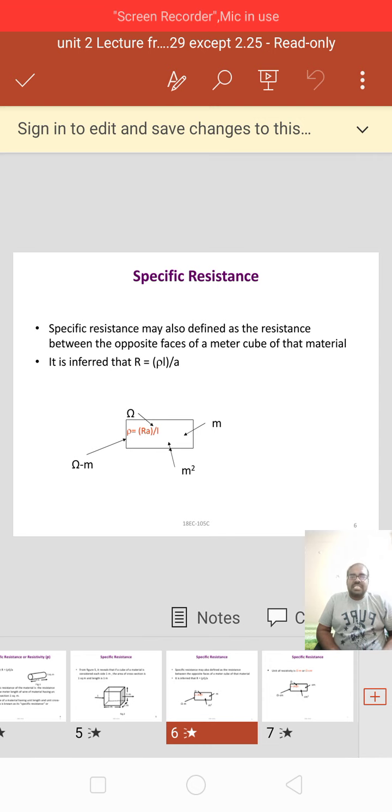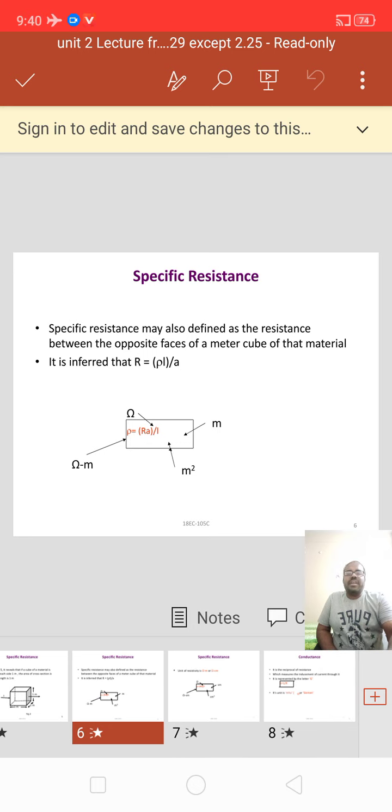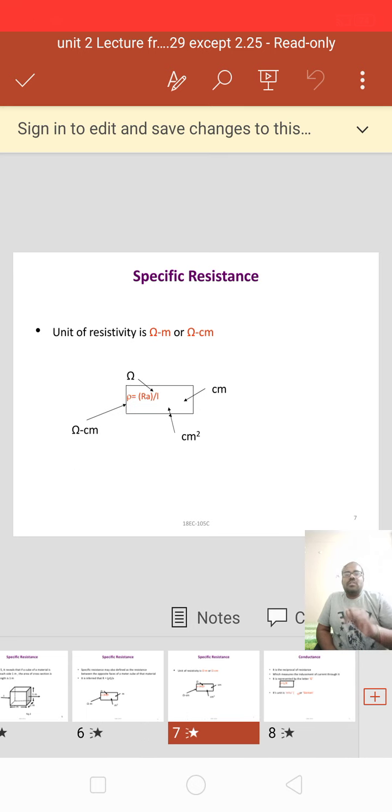The units of specific resistance or resistivity of a material are ohm meter or ohm centimeter.